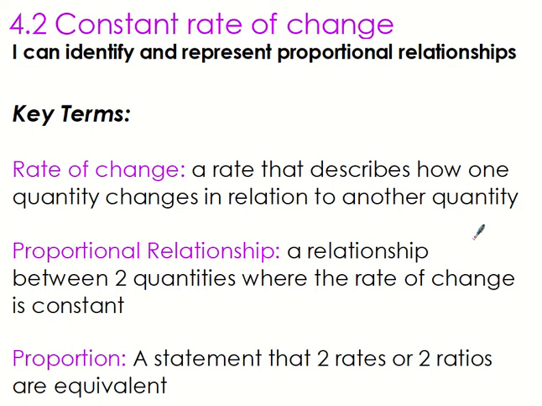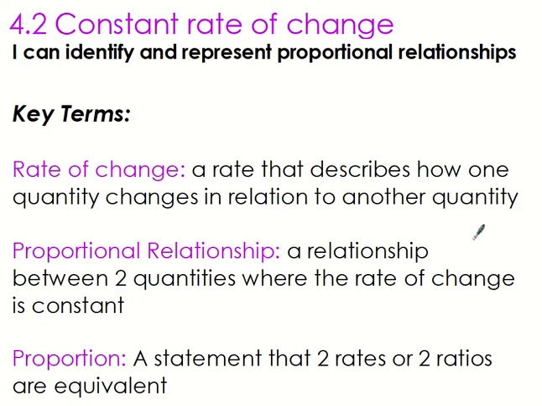So a proportional relationship is a relationship between two quantities where the rate of change is constant. So that means that it will always be the same, right? It will not change. So the speed of a car would not be considered proportional because we know that it changes, right?